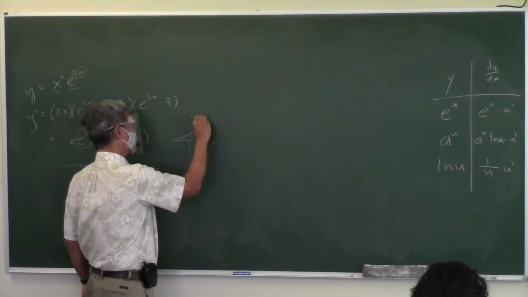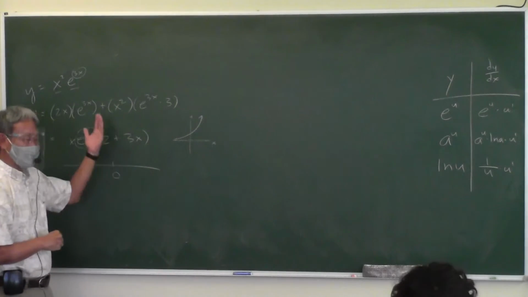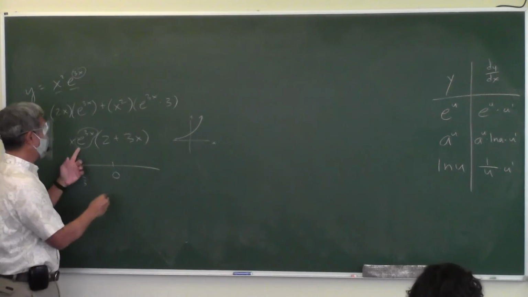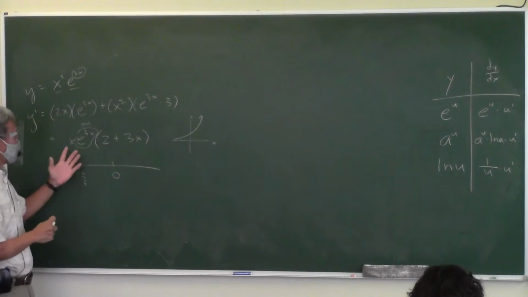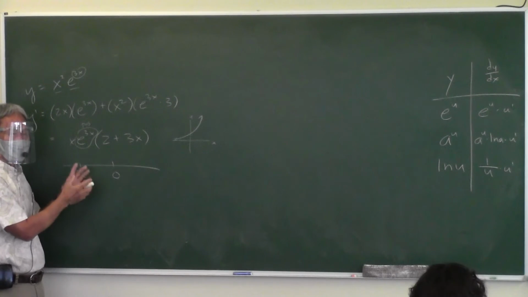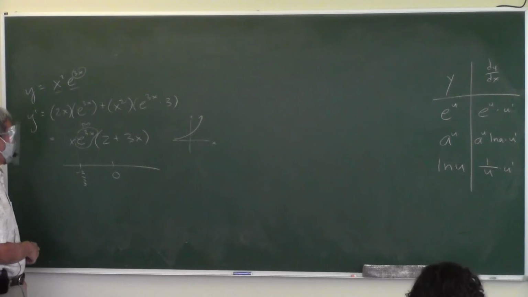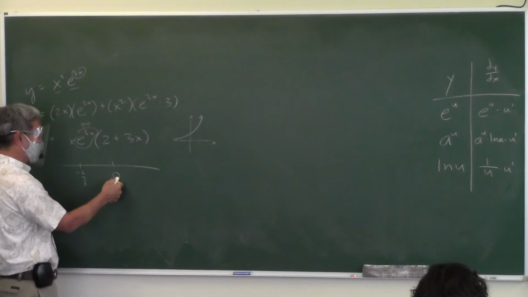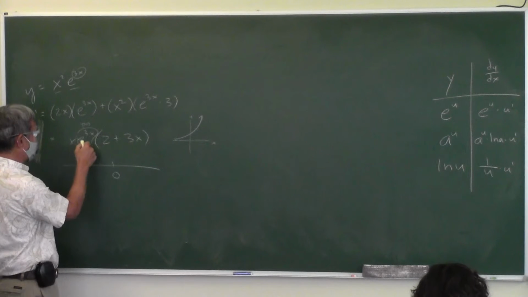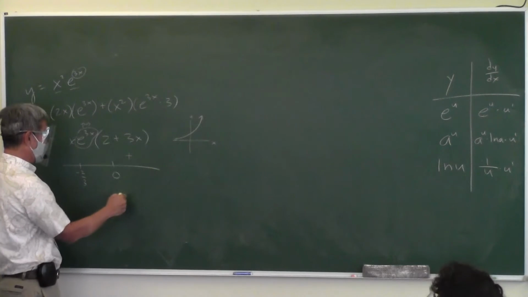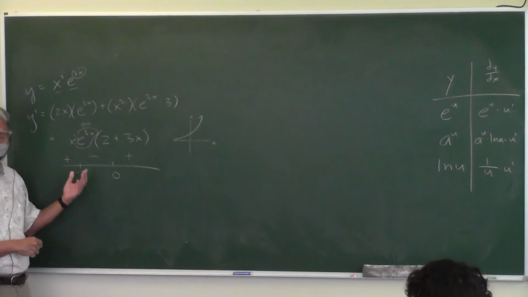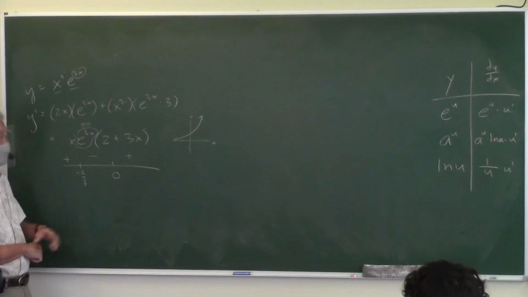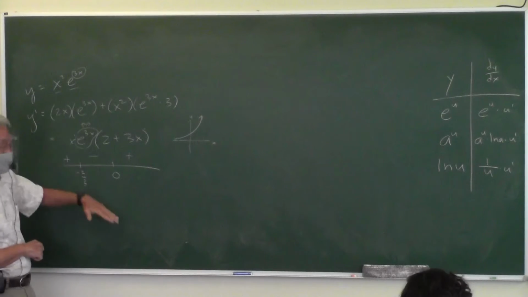It's always above the x-axis, always positive. Anytime you have e to the gorilla, it's always positive, so it doesn't even contribute to your number line. If you plug in a number bigger than 0, like 1, you get positive times positive times positive, which is positive. Then I know the signs alternate because these two factors have odd powers, and that's how you make your number line. But you have to be able to factor before you can make the number line.